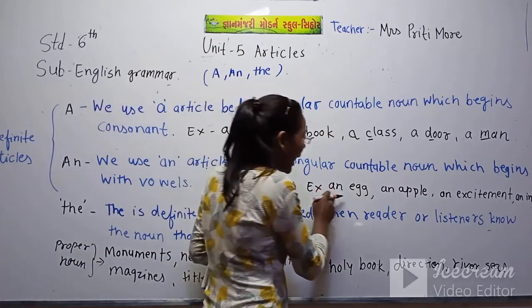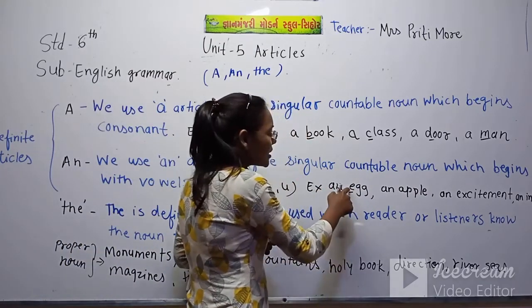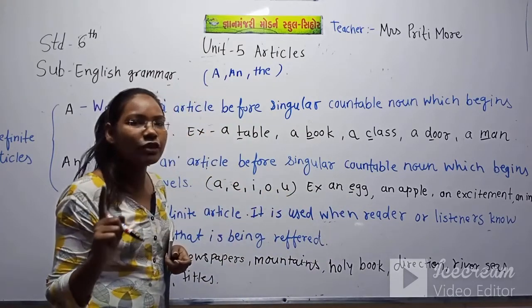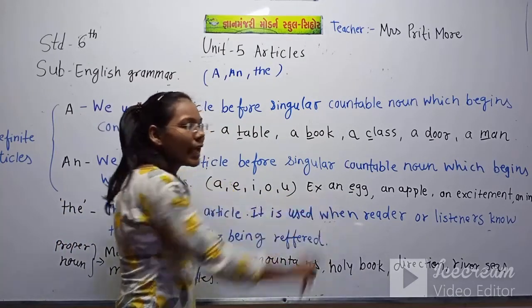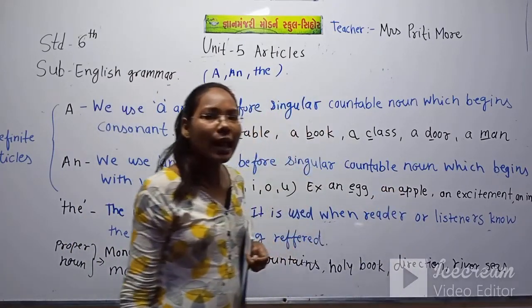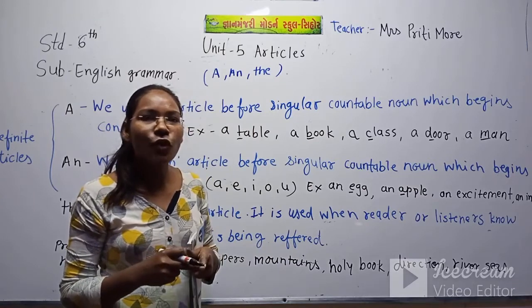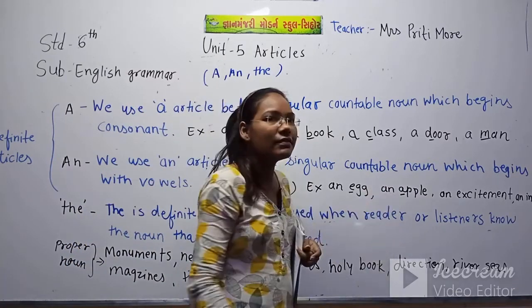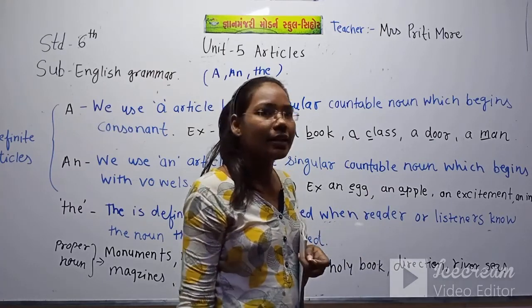So, an egg. Here this E is a vowel, that's why we put an article before the noun. Here A is also a vowel, apple. A is also a vowel, that's why before the noun we use an article.